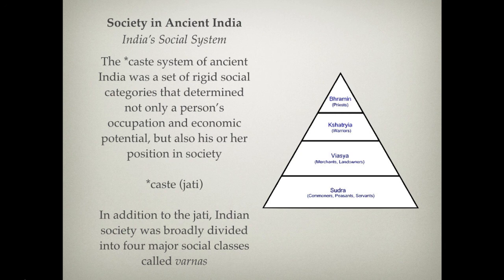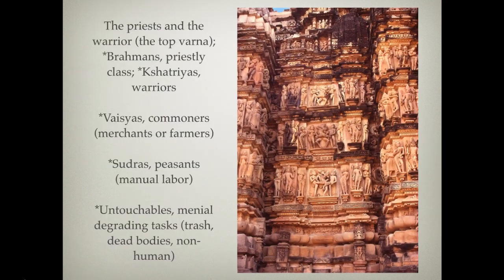So maybe you're a bread maker or a merchant of some sort or a farmer. And so how one was born really determined the position in which they exist within this society. And it's quite strict because there's no fluidity between the regions. So the priests and the warriors are the top Varnas.